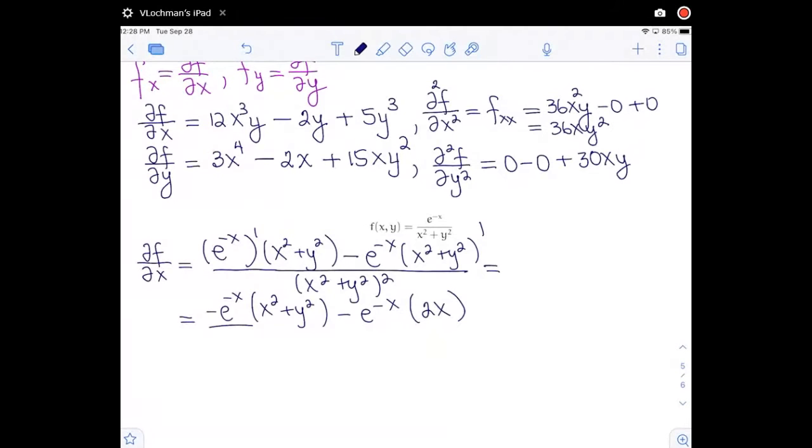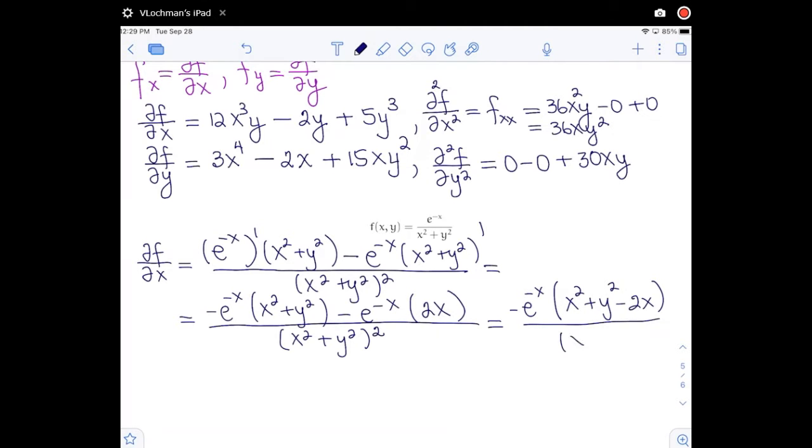And we divide this by x squared plus y squared, squared. So we can factor out negative e to the negative x, and we get a little bit cleaner expression, but nothing can be canceled out, which is fine.